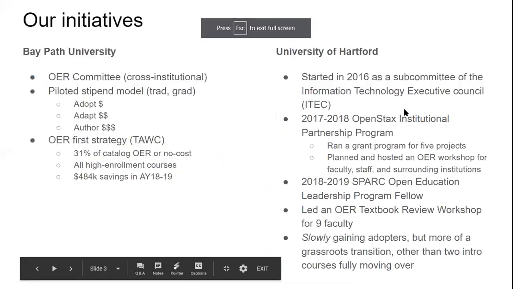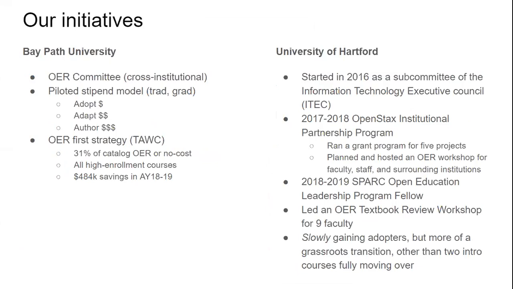So we did introductions, great. We do have some initiatives cooking, like I said, on both of our campuses, Jillian and I. So at Bay Path University, where I'm at, we do have an OER committee that services the whole institution, but really I serve in the American Women's College, a very specific subgroup where we have a centralized course management model, which is not very typical across higher ed.